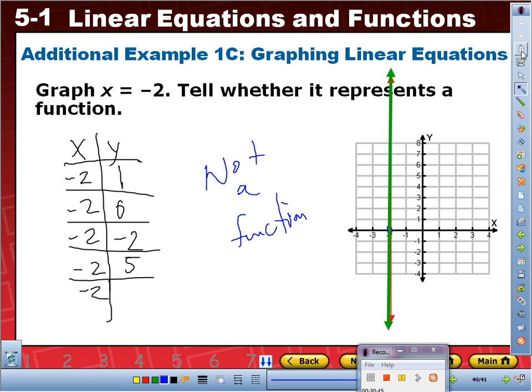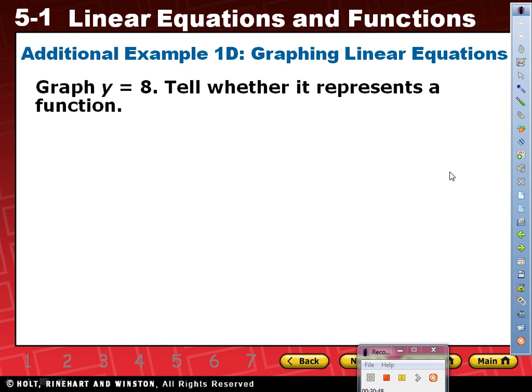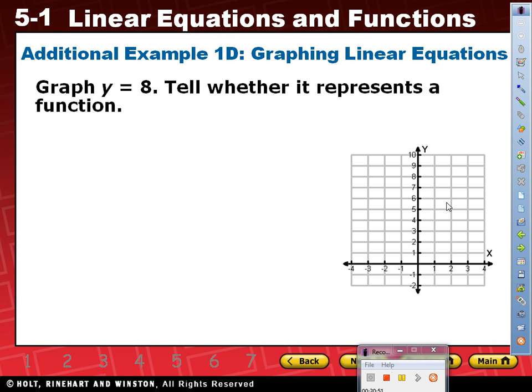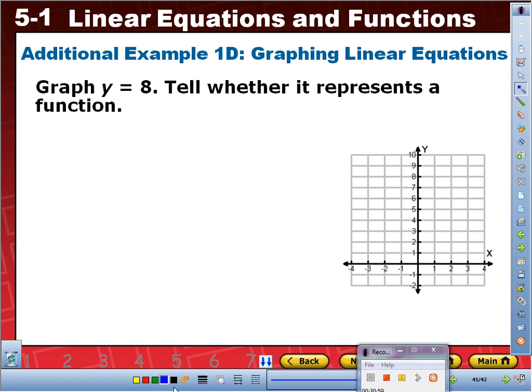Next, copy this next one down on the next graph. y equals 8. Just copy it. So check this out. For this one, if I was to build an input-output table, x, y, what would be the value that repeats on the y? Does everybody see that?